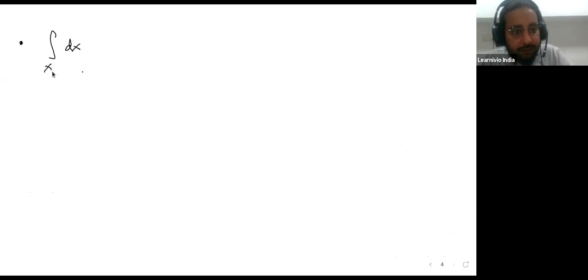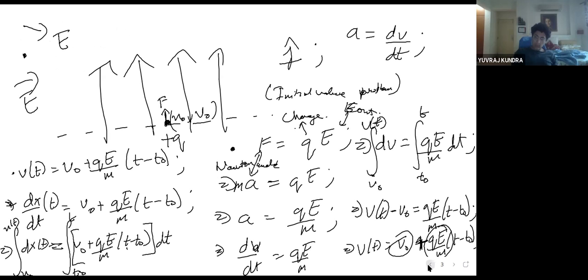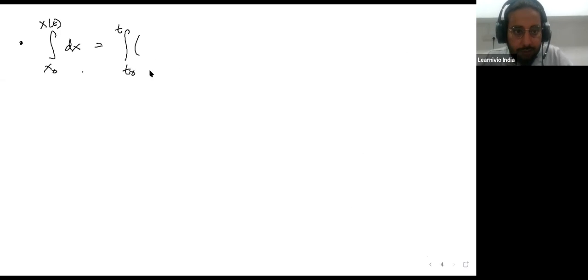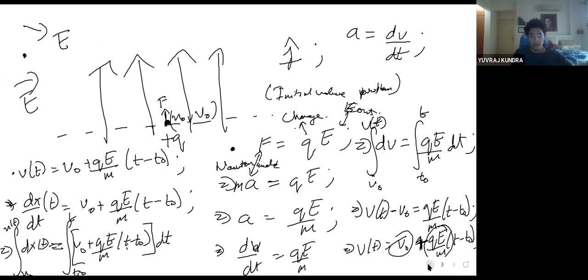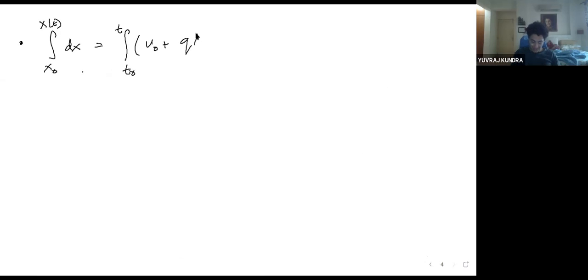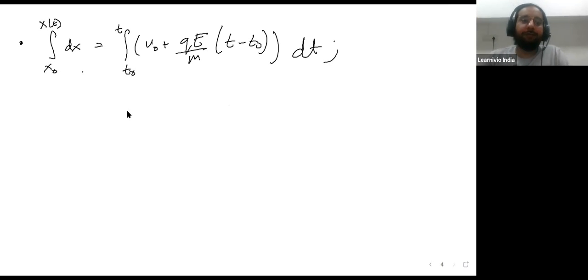You have the integral of dx going from x0 to x as a function of t should be equal to the integral from t naught to t of (v naught plus qE over m multiplied by (t minus t naught)) dt. Okay, so let's integrate this.